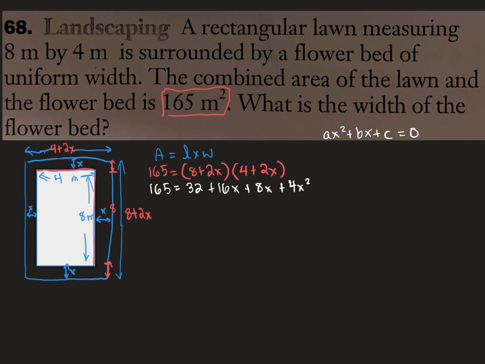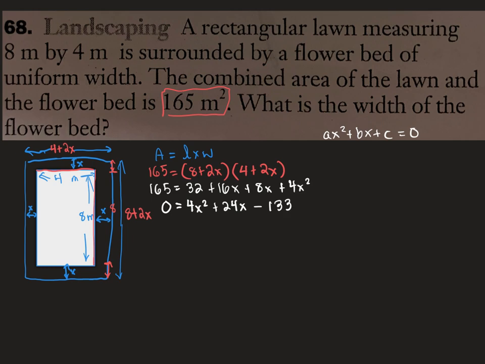There we go. Now we want 0 on one side, so I'm moving the 165 over, rearranging the order and collecting like terms. So 4x squared comes first. 16x plus 8x is plus 24x. And when we subtract 165 to the other side, we would get negative 133, I'd like to say.